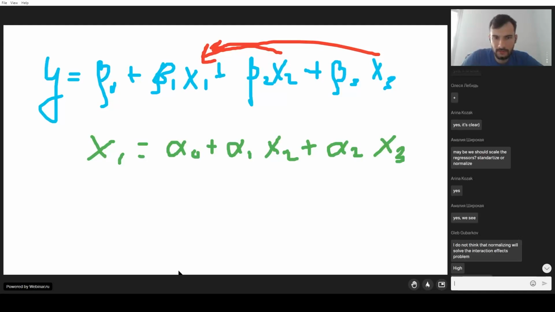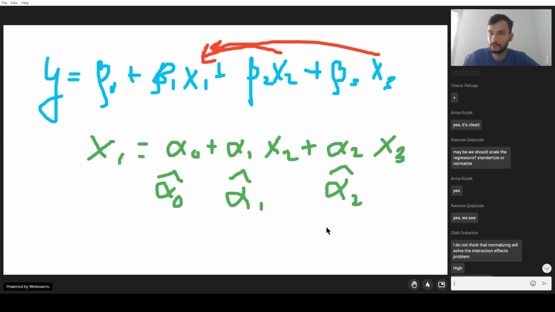So we write this regression. Then we get our estimators, alpha 1 hat, alpha 2 hat. And for this exact regression, we can now calculate R squared adjusted, because we again have multiple regressors. And what we want to see in this regression is whether R squared will be low or high.